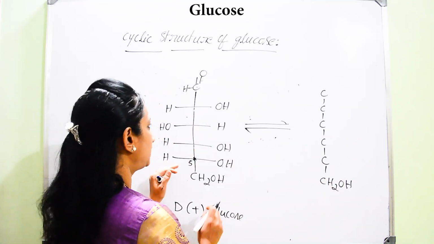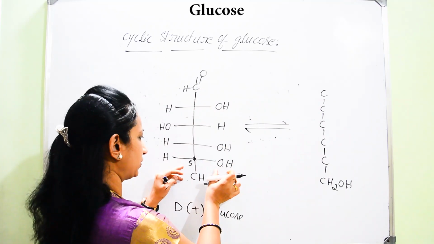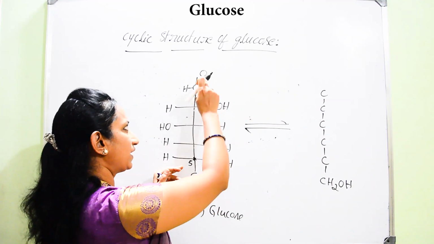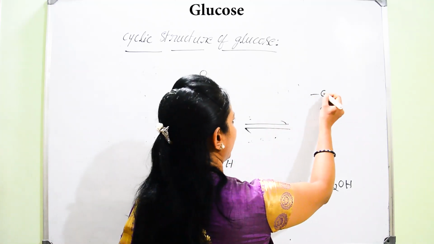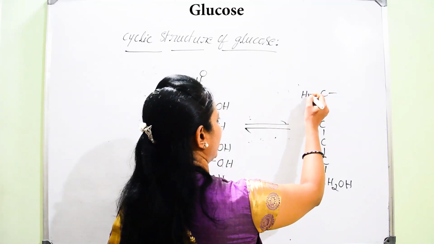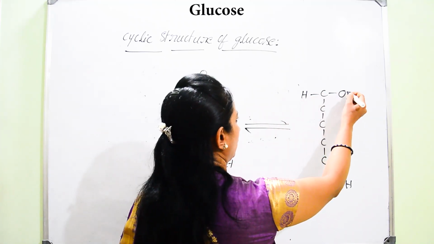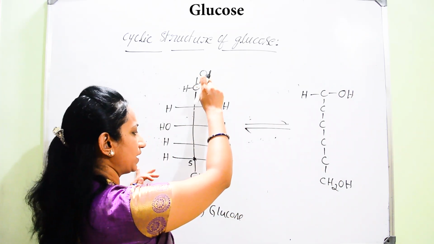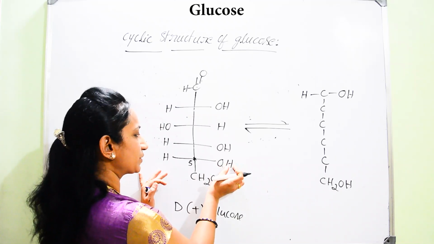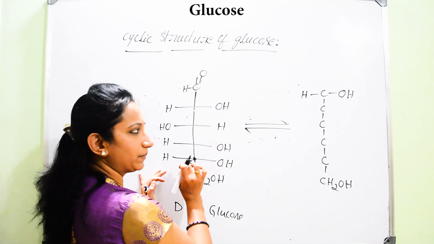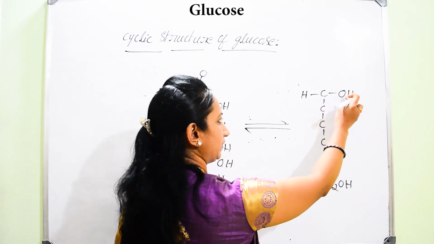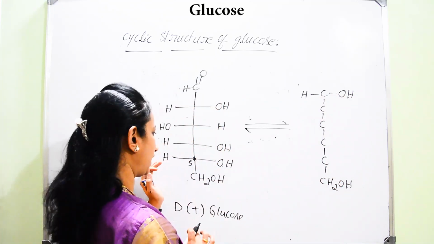Now as you can see here, this hydrogen atom will get attached to the oxygen atom of the first carbon atom. I write OH on this oxygen atom because of the shifting of the bond towards the oxygen atom, and it helps attachment with the hydrogen of the fifth carbon atom. So there is a linkage between the oxygen of the first carbon and the hydrogen of the fifth carbon atom.